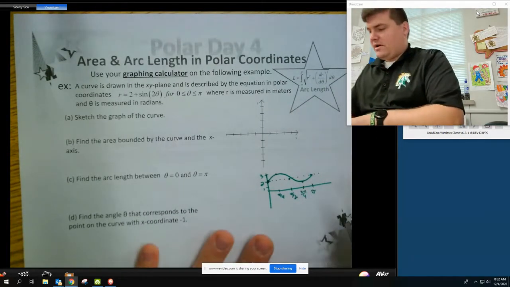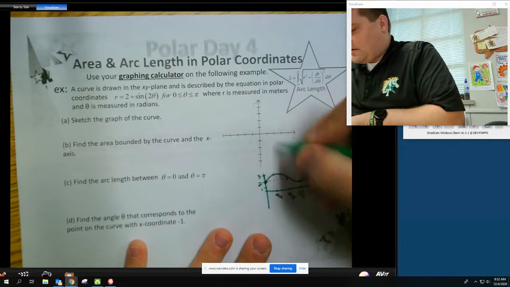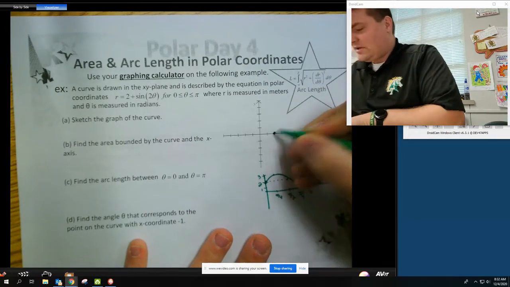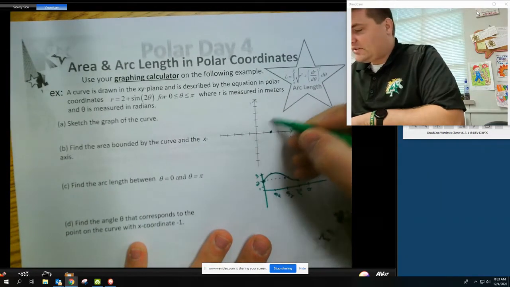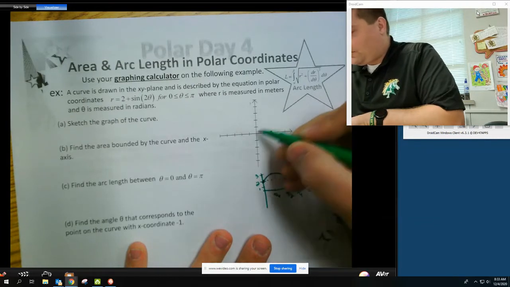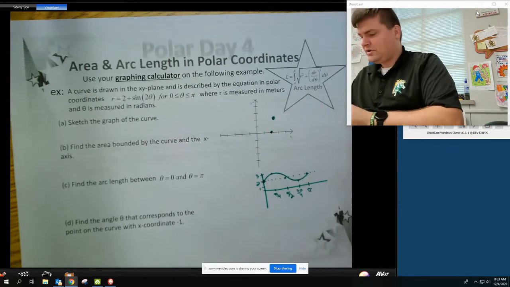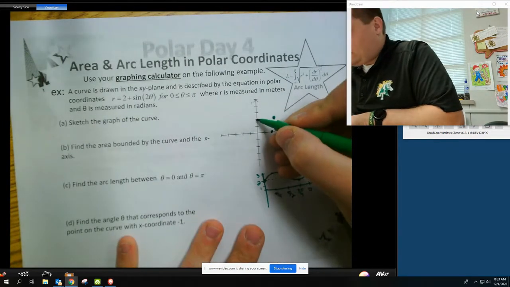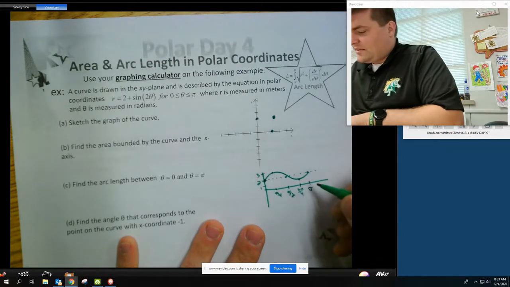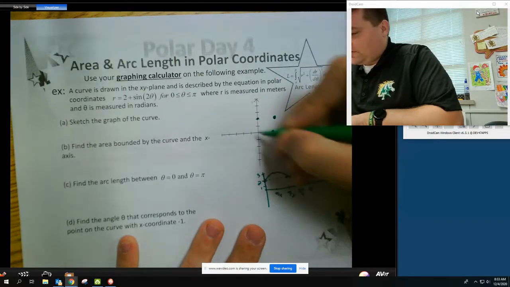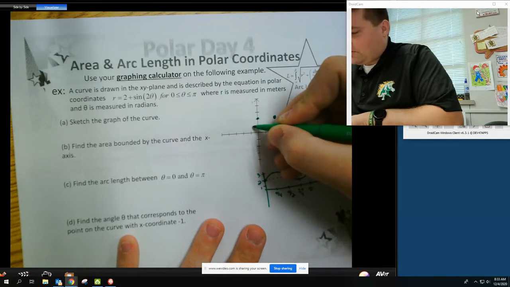Okay, so out here at 0, we're at 2. And at pi over 4, which is this line right here, we're at 3. So do your best here. We're going to be out here a little bit, about there-ish. Pi over 2, we're back at 2. And at 3 pi over 4, we're at 1, so it's again in this direction, about right here-ish.